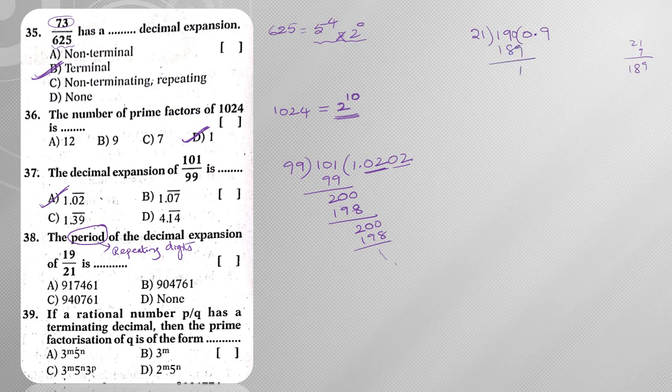We will be left with 1. Again we can consider 10, but 10 we cannot cancel out, so we put 0, that means 100. Again 4 times, this is nothing but 84. Likewise if you proceed, from these options we can say that 904761, 904761, and likewise it will continue, right? So the answer is option B.